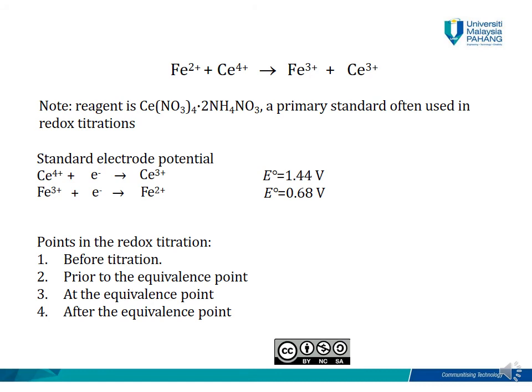Both are in a reduction process in this half-cell equation. So you need to be careful in any kind of redox reaction. It does involve reduction and also oxidation. Next, the points in the redox titration you need to identify are before titration, prior to the equivalence point, at the equivalence point, and after the equivalence point.